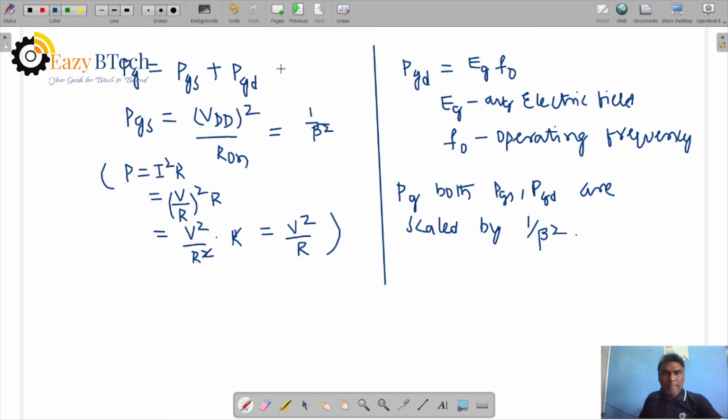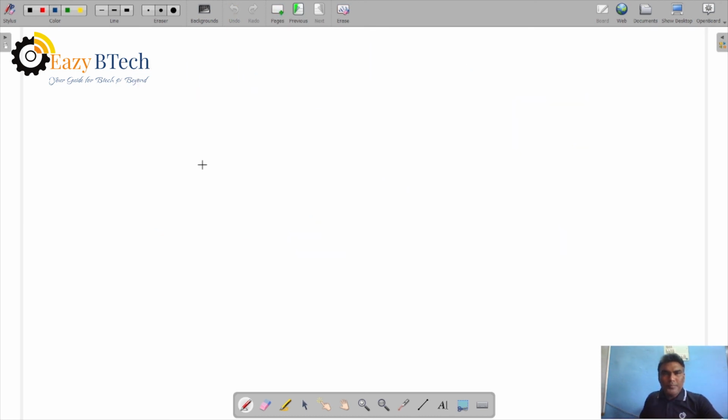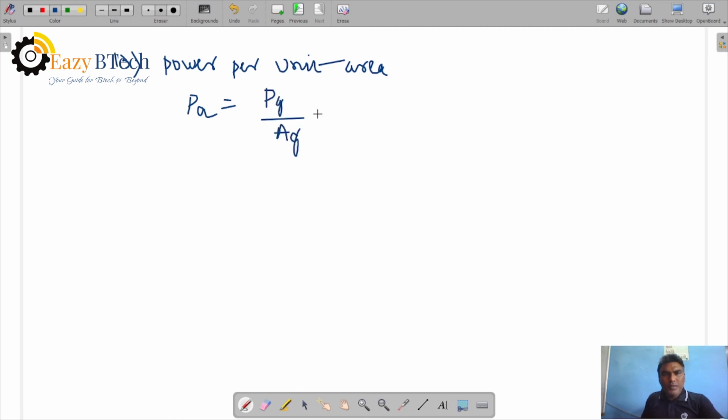The next one is power per unit area. We can say PA is equal to PG by AG. So PG is scaled by 1 by beta square, AG is scaled by 1 by alpha square. This will be alpha square by beta square.